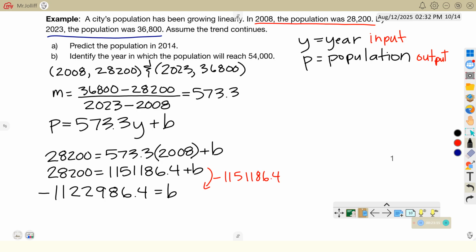And we want to think, as mathematicians, that we want to make sure that answer makes sense in terms of what we know about our system. So remember that our y-intercept is the value when x is 0, when our input is 0. So this is the population of the town in year 0.